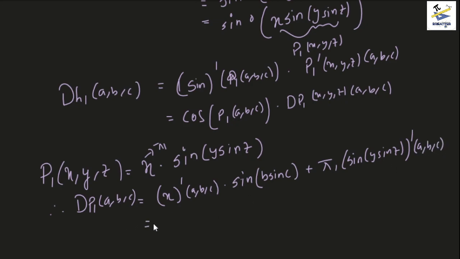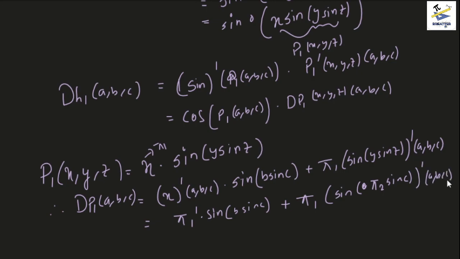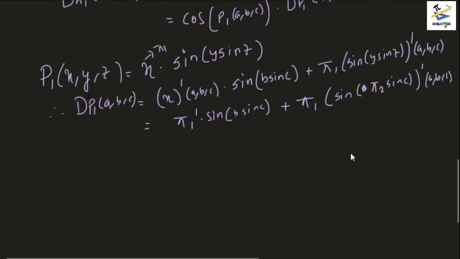Okay, so this becomes pi 1 prime into sine of b sine c plus pi 1 into the derivative of sine of pi 2 sine c at the point a comma b comma c, right? So let us consider this function as, let's say, p2 of x comma y comma z. Let us find the derivative of that first.